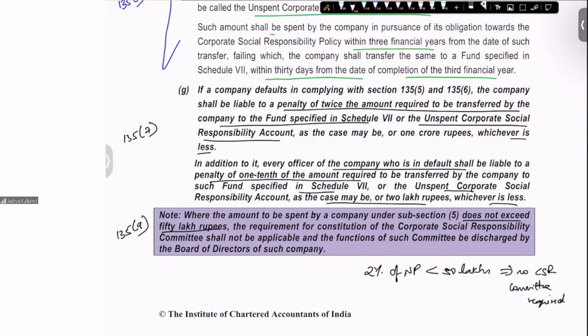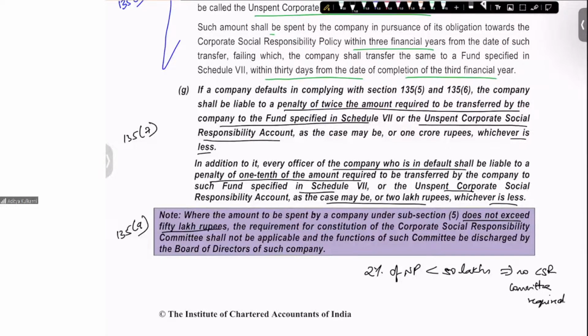Then we did 135(6) that dealt with ongoing projects. Then we had the provisos to 135(5). Proviso 1 tells us to spend the amount in the nearby areas. Second proviso to 135(5), if you are not sure where to spend, put it in the fund within 6 months.